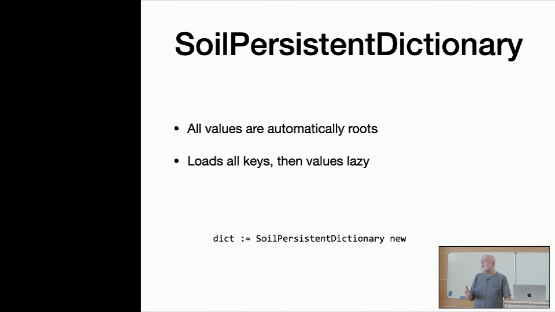That means you can load the full dictionary by just loading the keys into memory, and then all the values are lazily loaded when you access the dictionary. You can just create it like that, and it's compatible with a dictionary, and you can use it like a dictionary. This is interesting because we will use that in our slightly more complex use case of Soil in the next example.